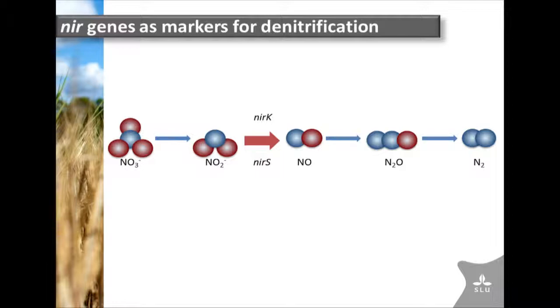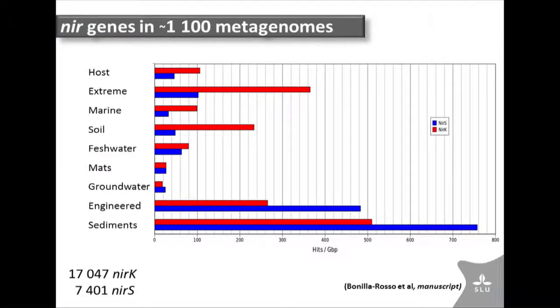And we recently looked into 1,100 metagenomes available in databases, to see where we find nir genes. In all the metagenomes that are available, we find them in all the different major habitats, so they are very commonly occurring genes.